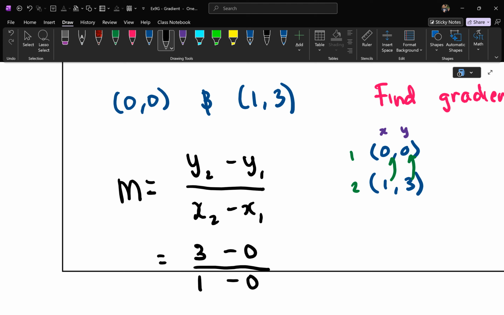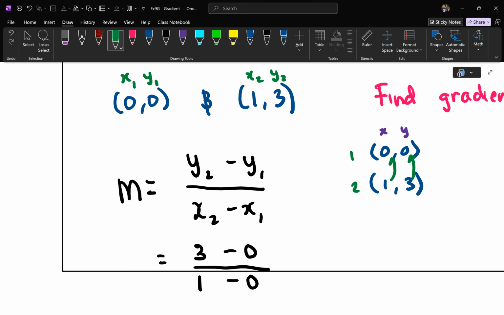Or if you like, some of my students do this. They call this x1, y1, x2, y2, because this is the x coordinate of the first point. This is the y coordinate of the first point. That's why we call it x1, y1. This is my second point.